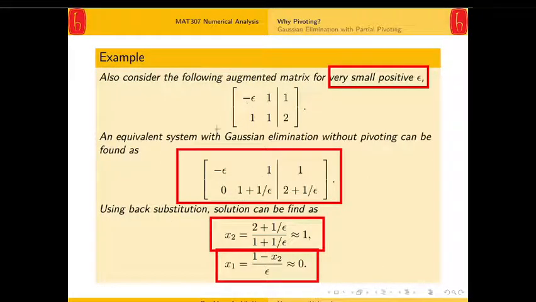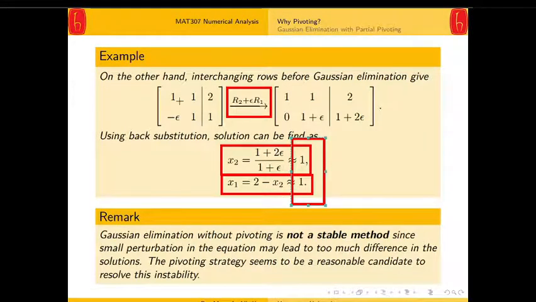Here we applied Gaussian elimination directly without any pivoting strategy, and we end up with an issue. And here we use some sort of pivoting strategy, and now we get better results. By better, I mean the result that we expect.